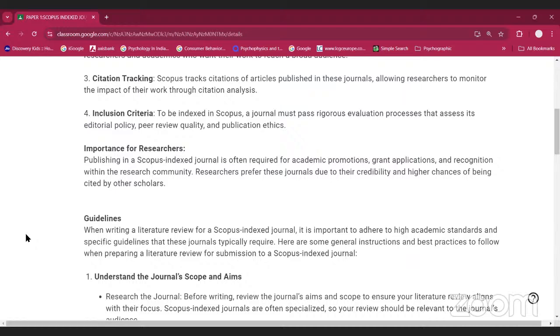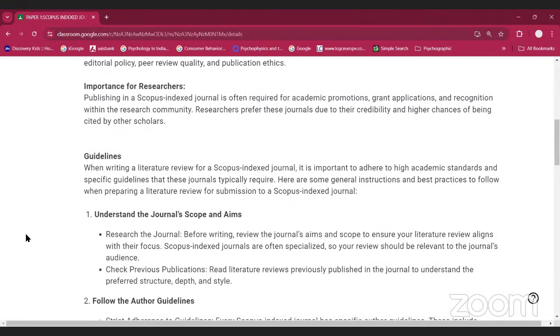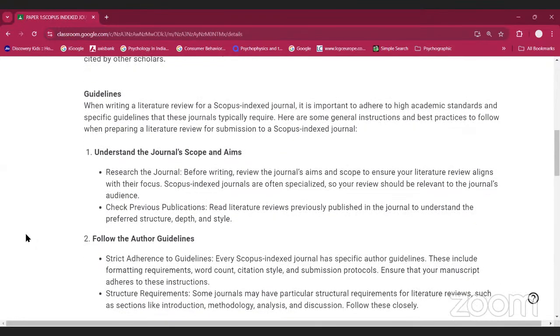Now, Dharam Singh, please, you read. Importance for researchers. Publishing in a Scopus Index journal is often required for academic promotions. No, you will start from guidelines. Okay.